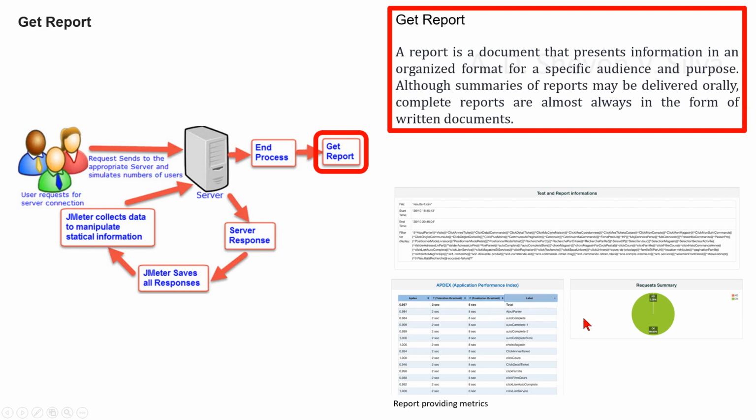Here, the request summary graph shows the successful and failed requests. Here, transaction control sample results are not taken into account in the percentage.